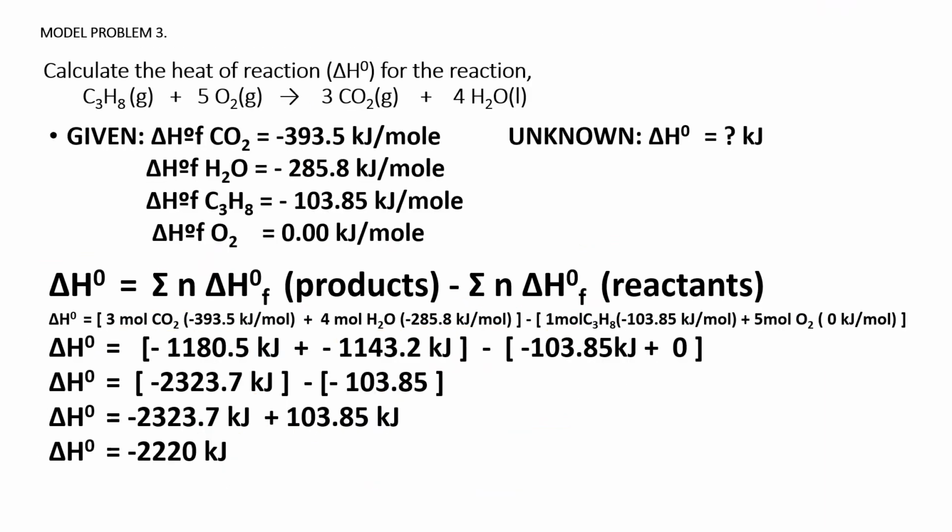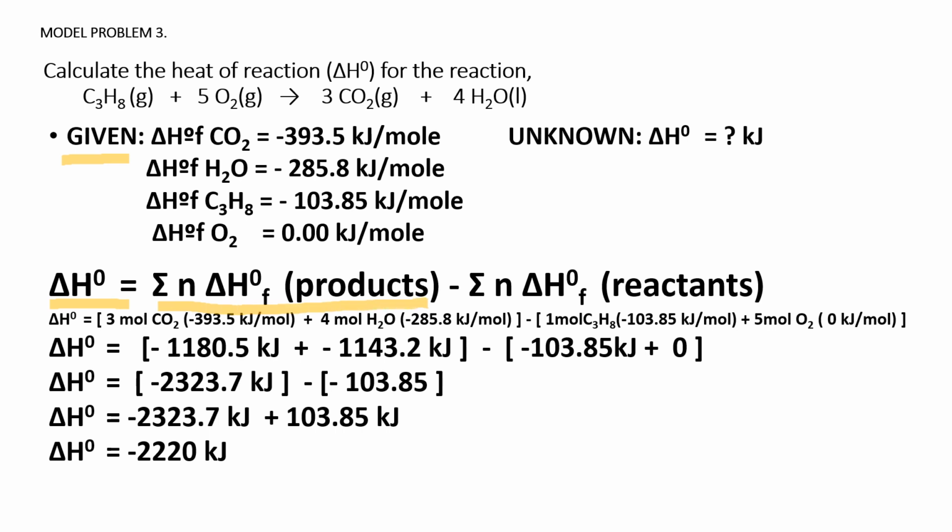Okay, at this time, you should have realized that nothing is difficult. Everything is given. The reaction is balanced. The heats of formation of the reactants and products are given. All you need to do is plug them in again in the equation.